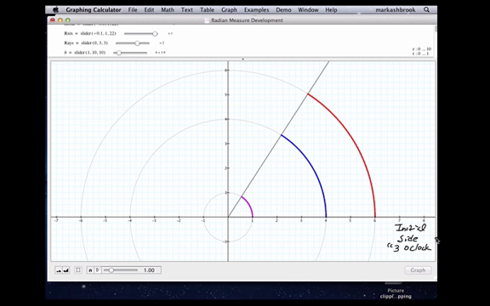They use this terminology a lot. And the convention is that we start at the 3 o'clock position and we sweep counterclockwise. That's the way that we normally do things.